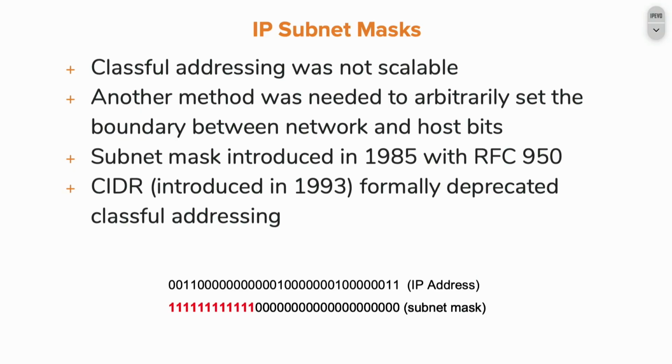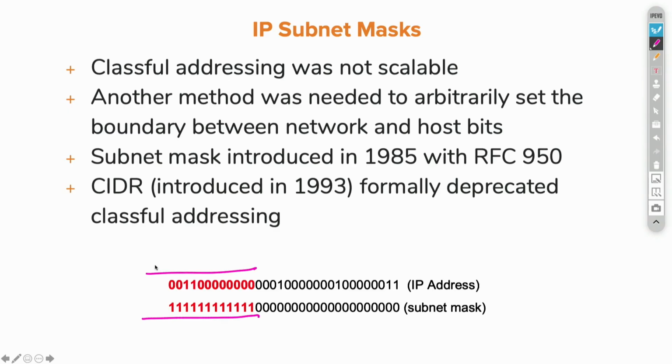So now it's going to go to its IP address and say, if the first 12 bits of my subnet mask were 1s, then that means the first 12 bits of my IP address is my network. That's where the dividing line is. So you can see here, now we've identified our networking bits because we just layered the subnet mask on top of the IP address, and it's a 1-for-1 comparison.